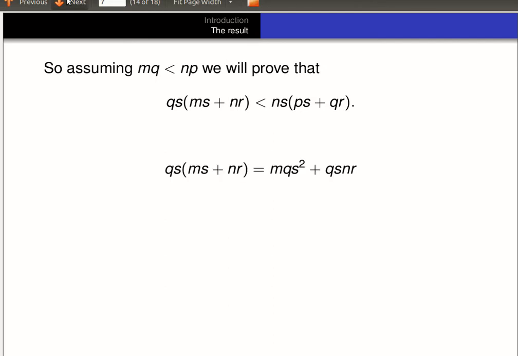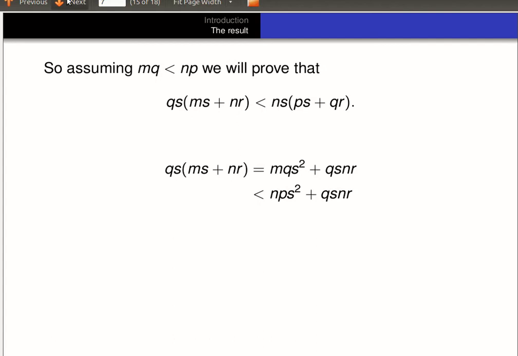All right. So let's start with the left-hand side. If we multiply through qs using the distributive property to the quantity (ms plus nr), we see we get mqs squared in the first term plus qsnr for the second term. Now we know that mq is less than np, so if we replace that mq in the first term by np, we get a larger value.